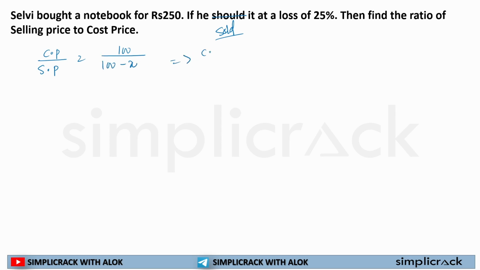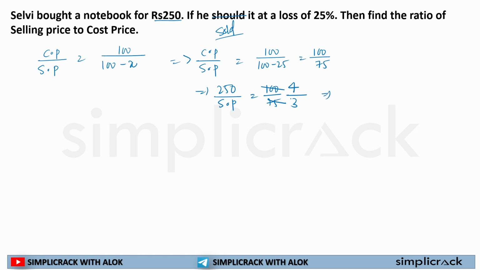So cost price by selling price is 100 by 100 minus 25, that is 100 by 75. Cost price, the price he paid for the notebook, that is 250, divided by selling price is equal to 100 by 75. I can divide 100 by 25, I will get 4. I will divide 75 by 25, I will get 3.